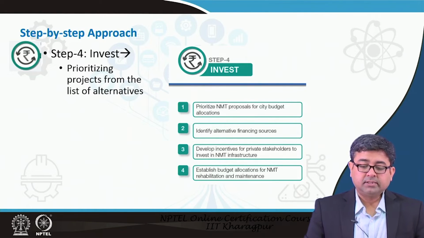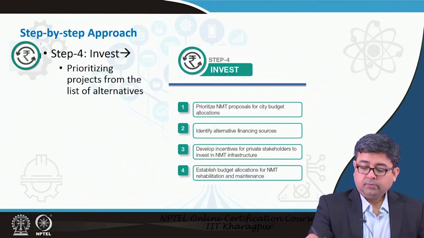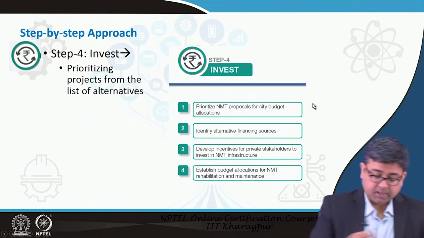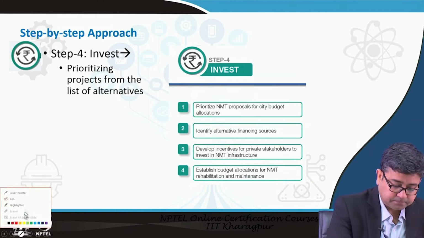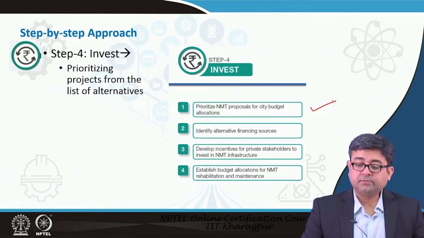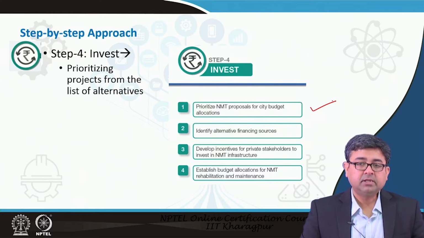Like we said, this is the 4th step in the 5-step process, and we are basically going to give you an idea about how to prioritize proposals for the city budget allocations. In the previous lecture, we looked at scoring methods which allow you to prioritize for designing and planning.